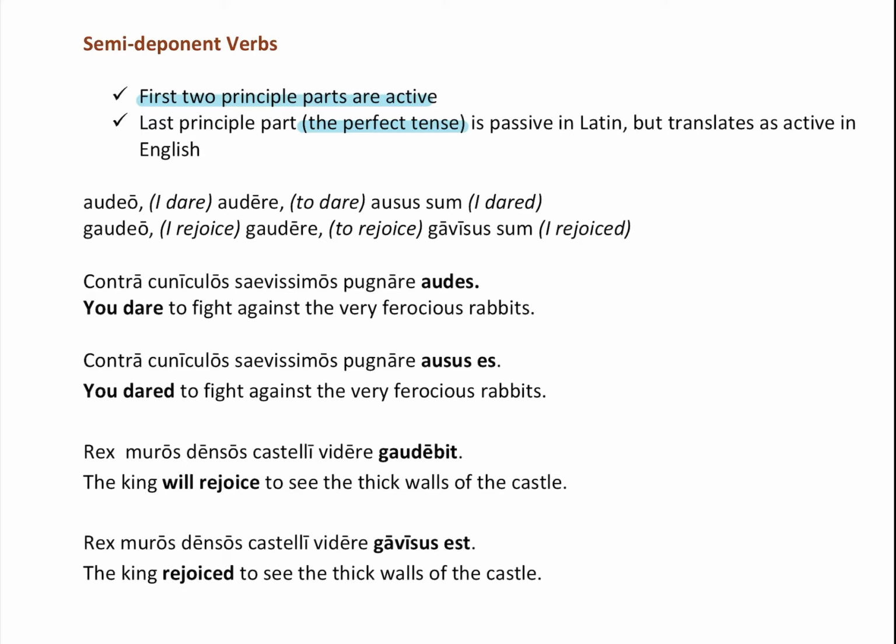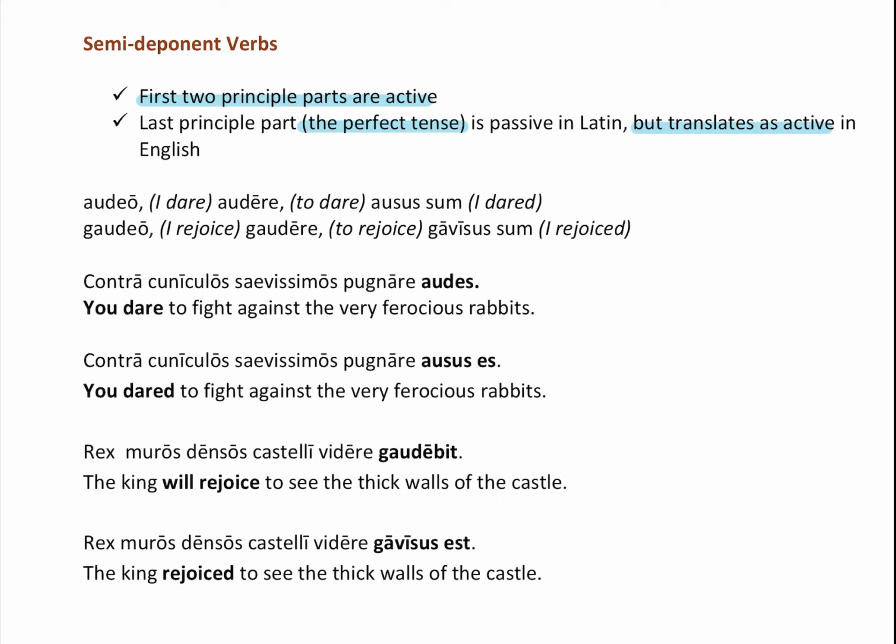It is not the normal fourth principal part, perfect passive participle. Okay, so the last principal part is passive in Latin, but translates as active, right? Again, first 2 principal parts are active. That's the regular part of it. The last principal part, the perfect tense, is passive in Latin, but translates as active in English. It does not have a perfect passive participle.